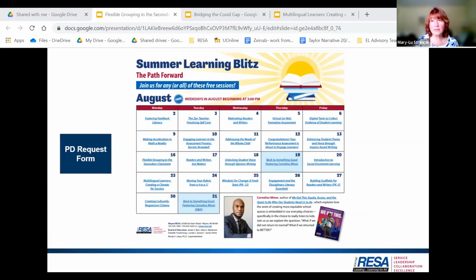The first one is we're giving you a link to our PD request form, and we invite you to reach out, fill out that PD request form or forward it to someone within your system so you can request additional support with flexible grouping. Our team at Wayne RESA stands at the ready to help support deeper learning around this instructional practice. We can't possibly cover all of the rich learning that's available with flexible grouping, but we would love to work with you further on that.